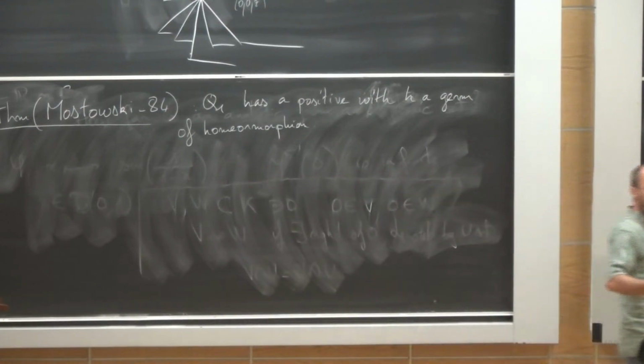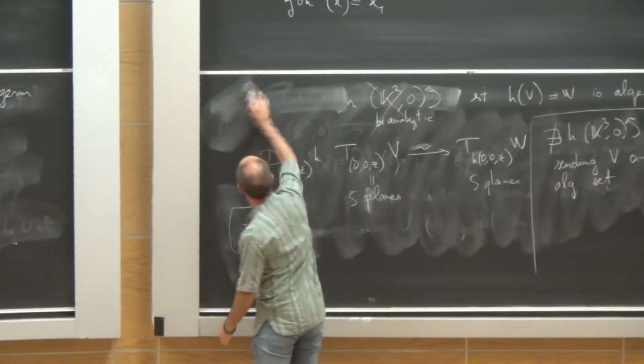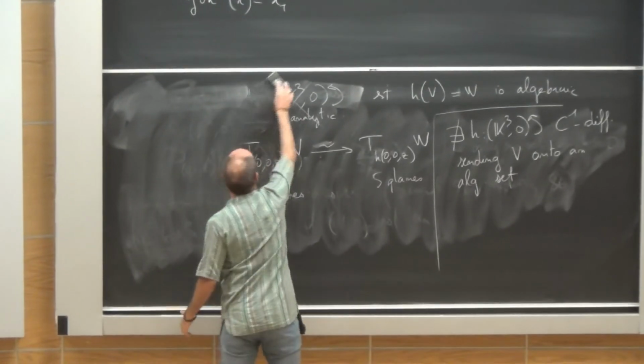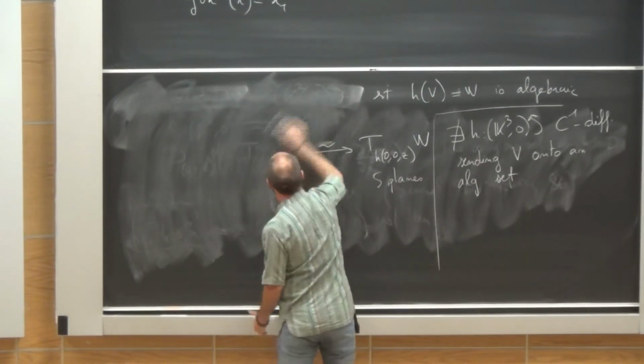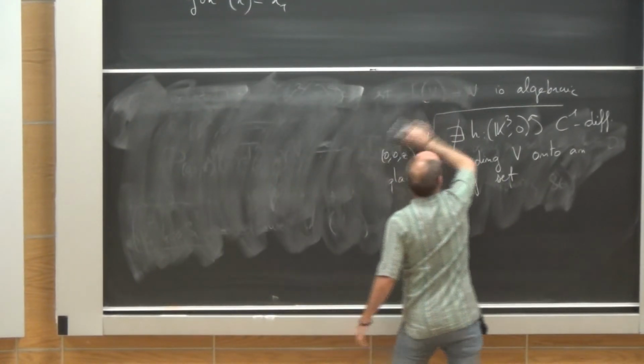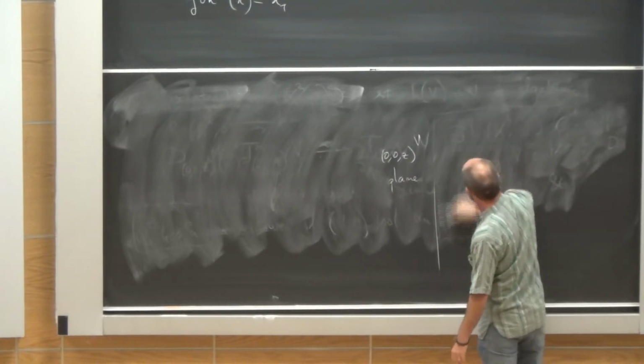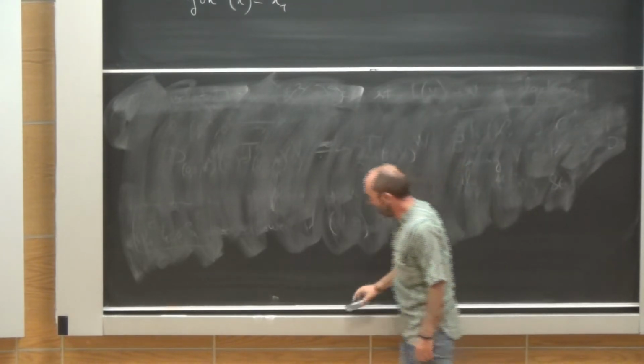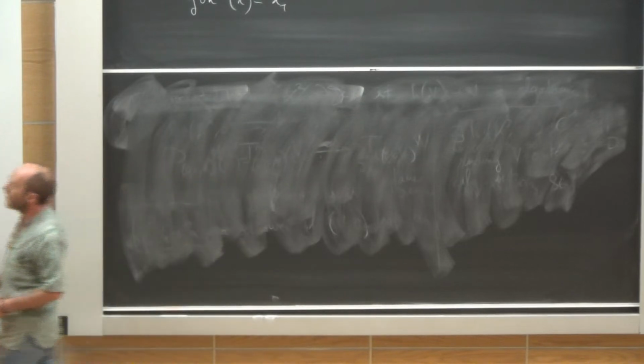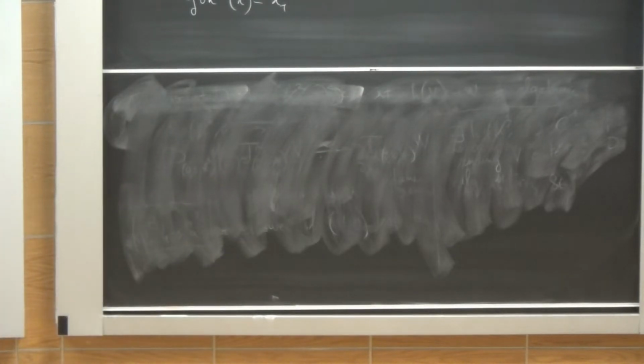So I will give a few very basic indications of the proof of such a result. To transform an analytic set V into an algebraic set, the idea will be to deform V in a continuous way.